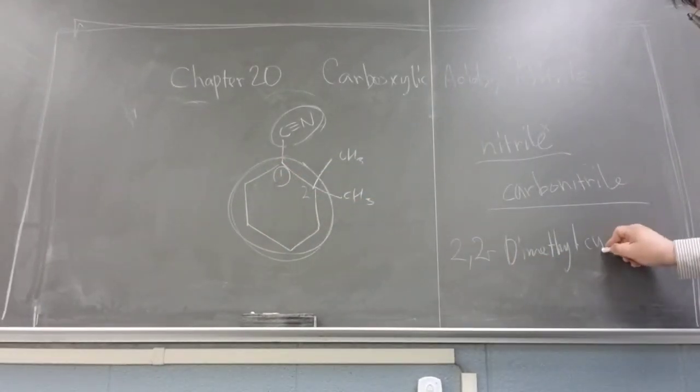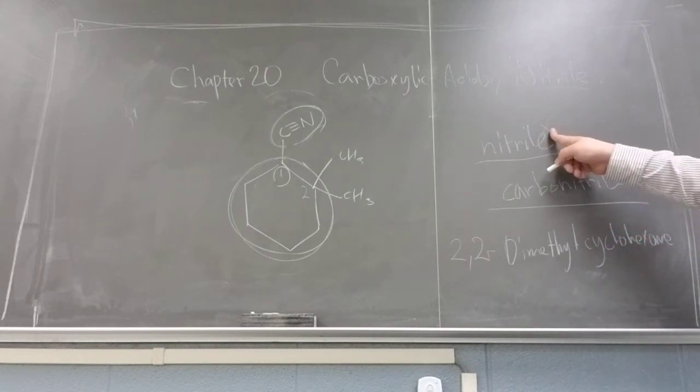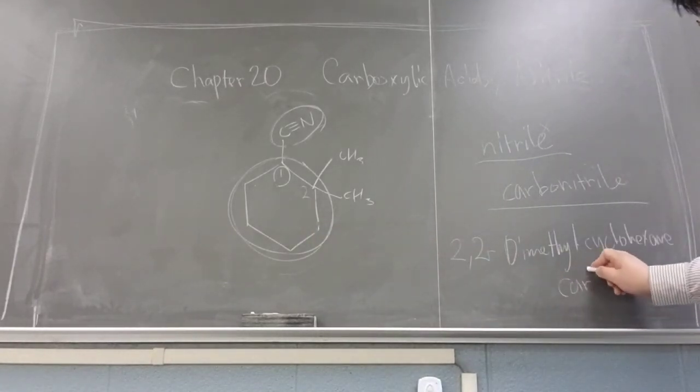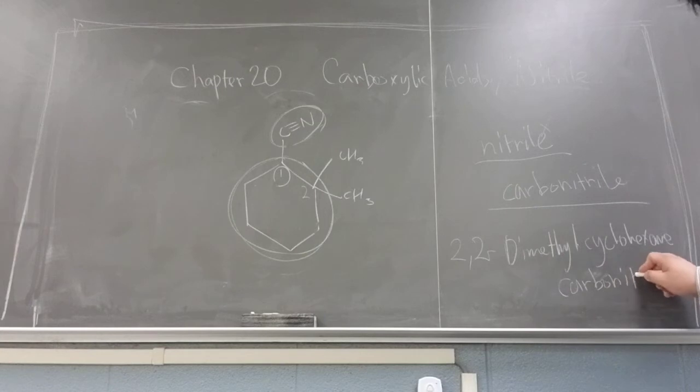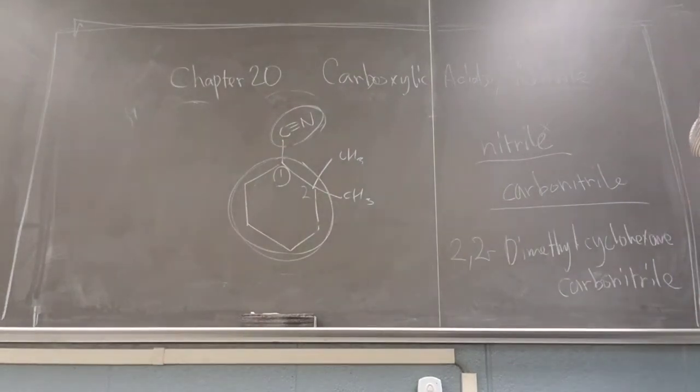So the cyclohexane, and then not nitro because it's a cyclic compound. You do carbonitrile instead of just nitro because it's a cyclic compound. All right, makes sense, right? Okay.